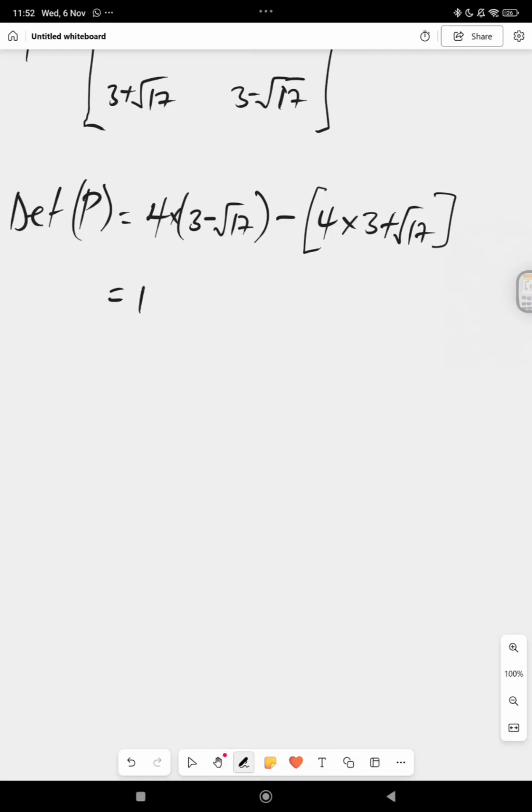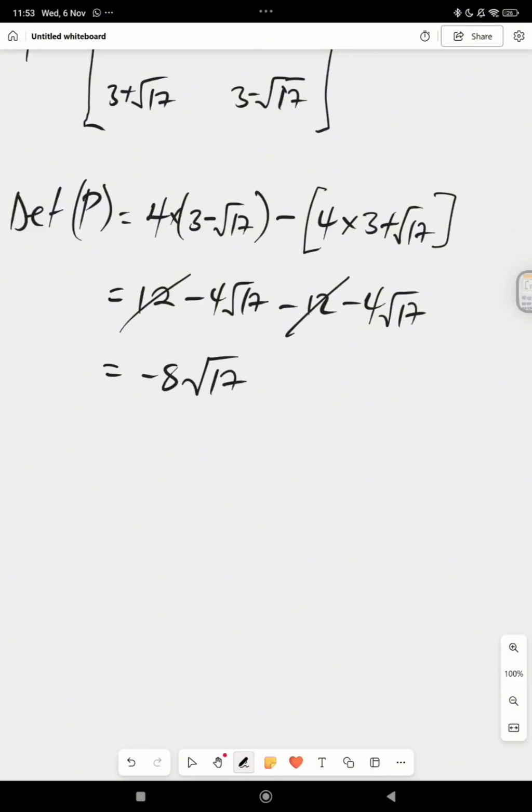This is going to be 12 minus 4 times root 17 minus 12 minus 4 square root of 17. So we're going to have minus 8 square root of 17.